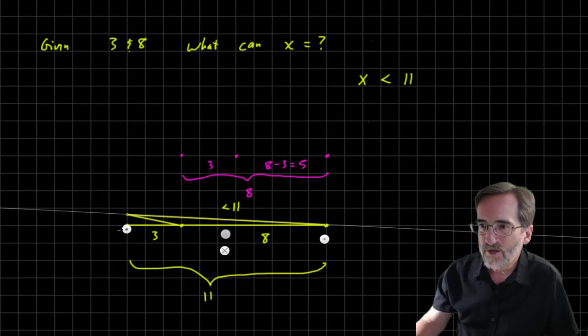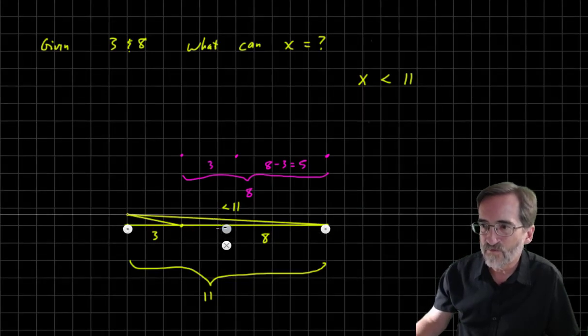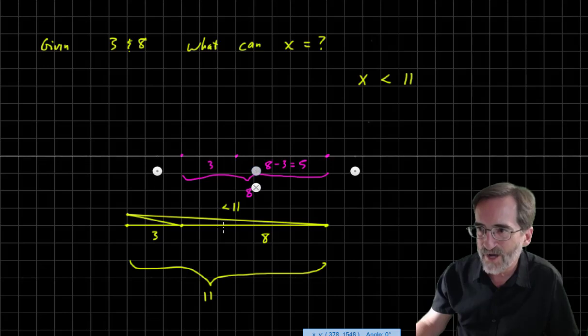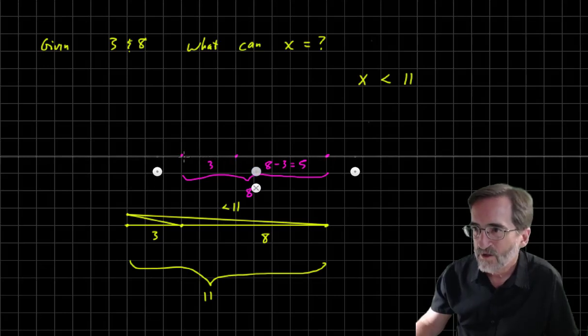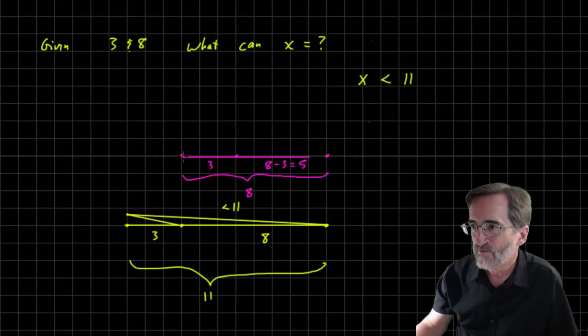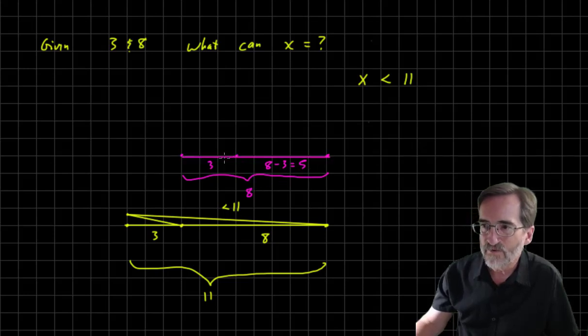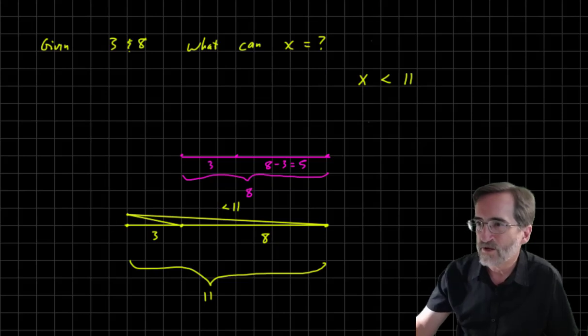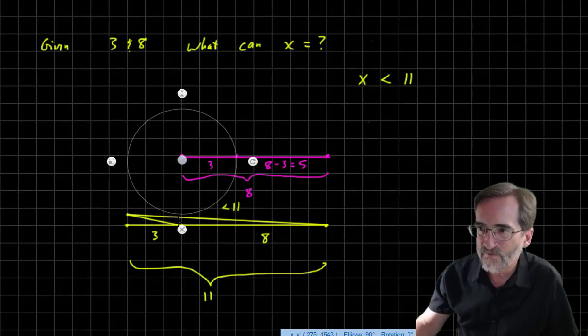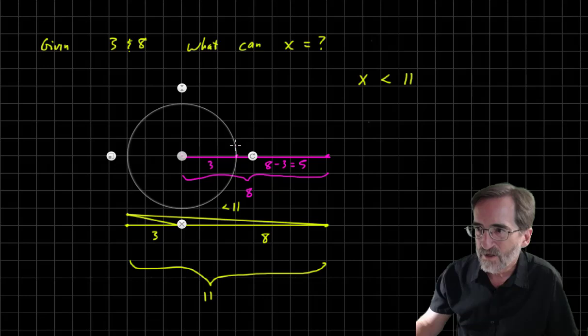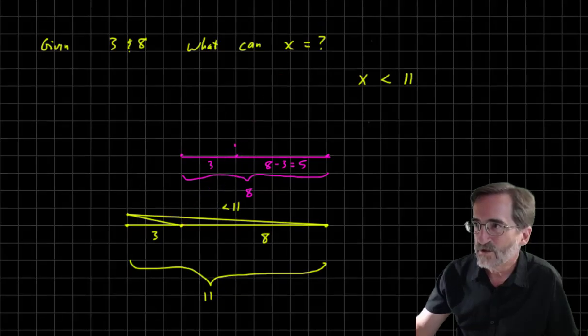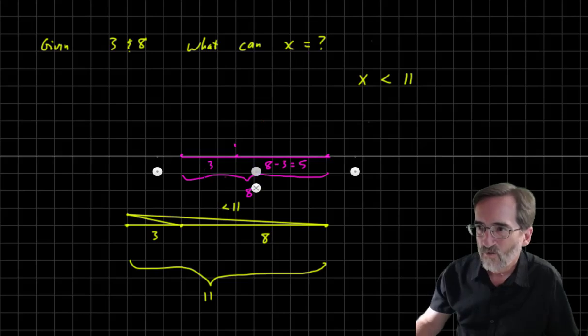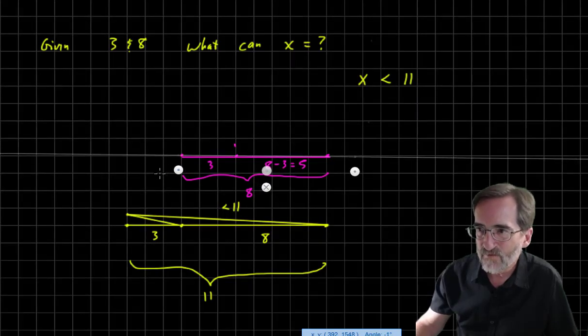Now again, those are collinear points, so they don't form a triangle, but imagine, if you will, again, I've got this situation here where I take the right side of the 3 segment, use my compass here to draw it, and I lift it up like opening a gate here, just a little bit. What have I done to that 5 segment here?